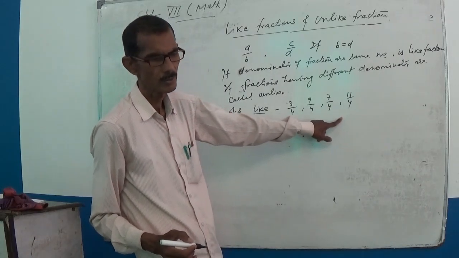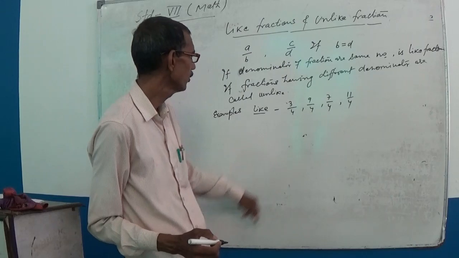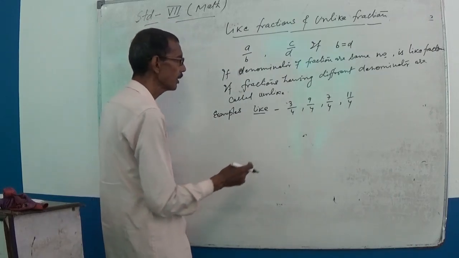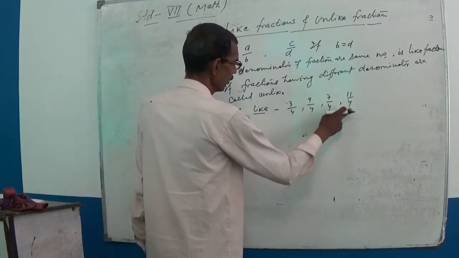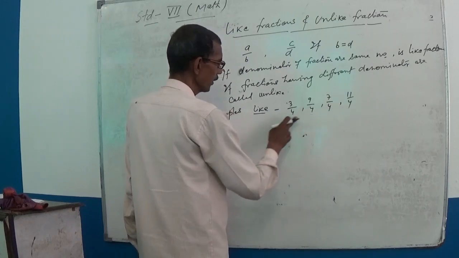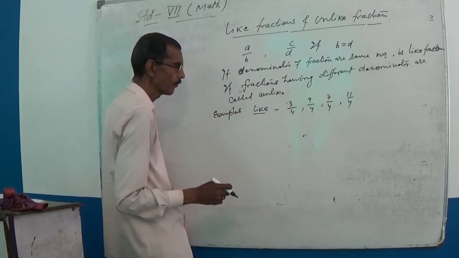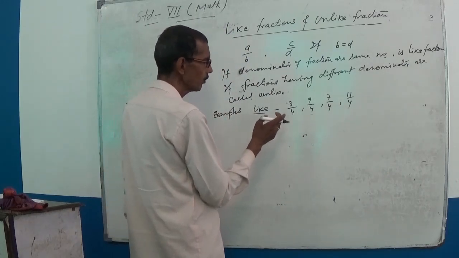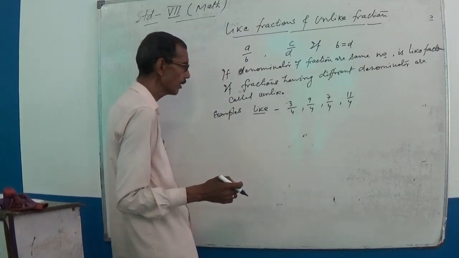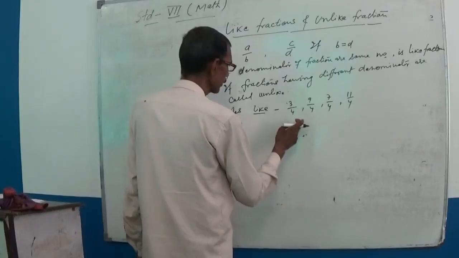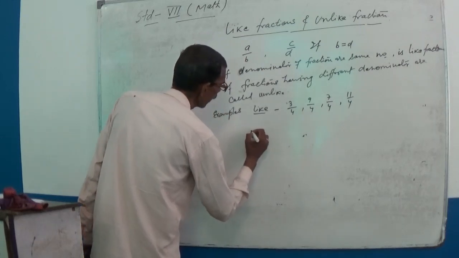These are like fractions because the denominator of each fraction is 4. That is, they contain the same denominator. So these are like fractions.